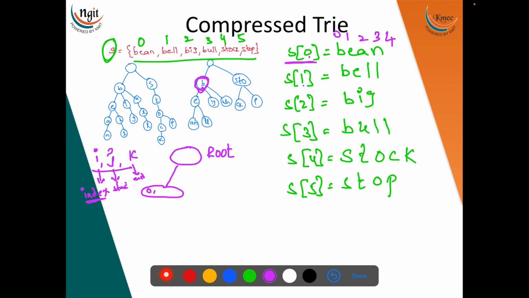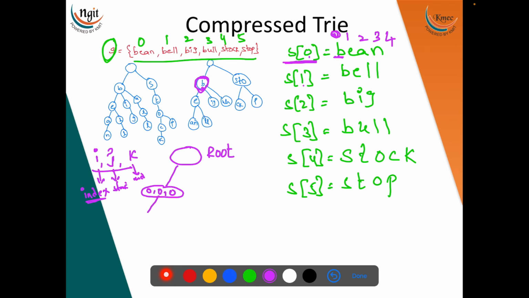As I have only one letter in the word, I am giving all zeros. That means it is only B. B belongs to S of 0, started at the 0th index and ended at 0 only.